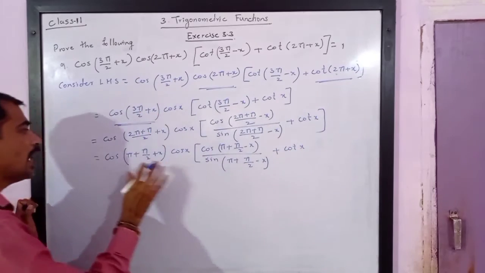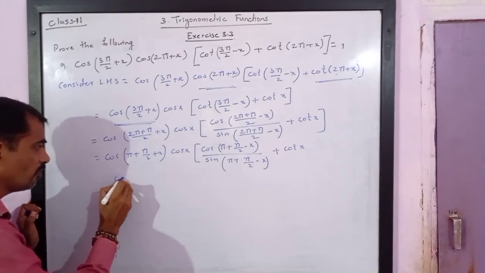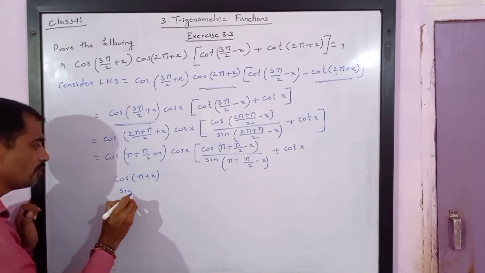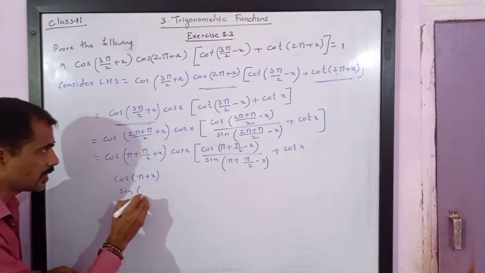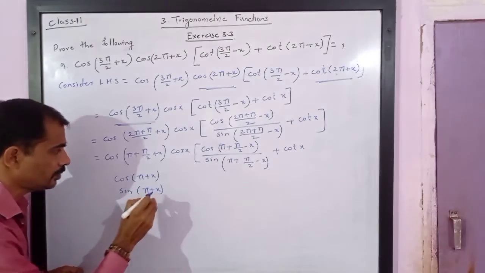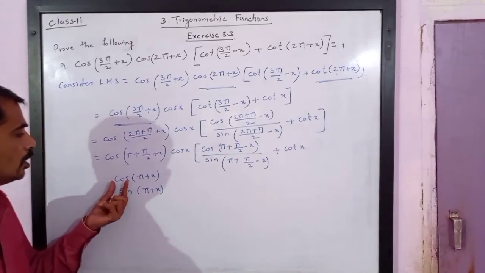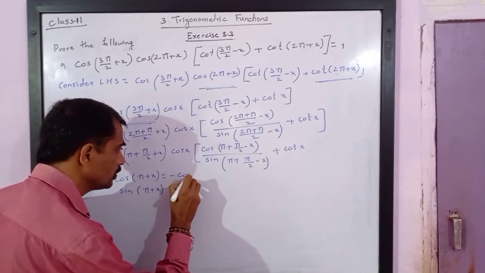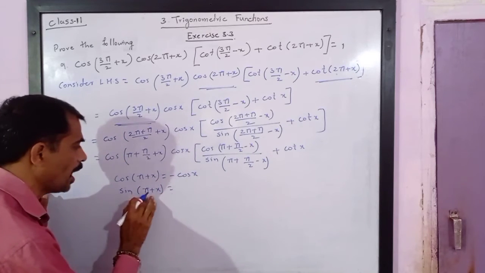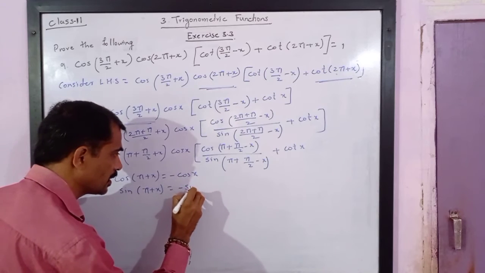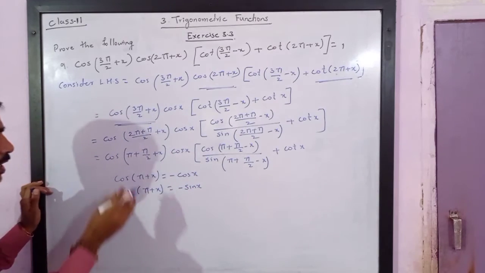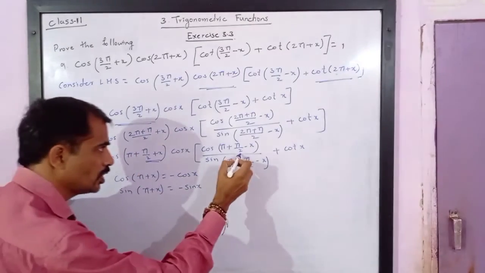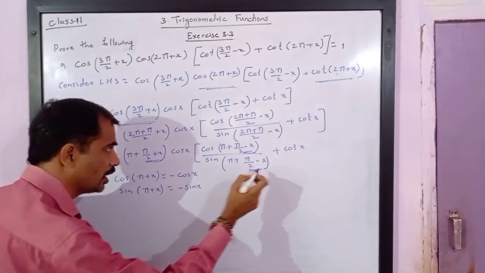Now we have the identity for cos of pi plus x and sin of pi plus x. Cos of pi plus x is equal to minus cos x, and sin of pi plus x is equal to minus sin x. So please note this is pi plus, I am going to consider this total angle, here also this total angle and this total angle as x.